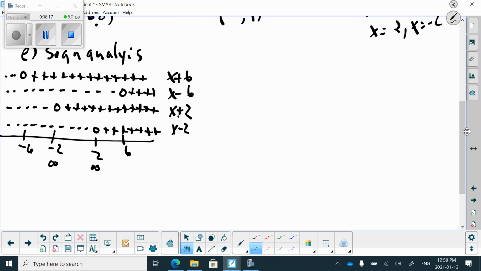But then I do the multiplication of our lines here. Negative times a negative times a negative times a negative is positive, and it's positive until we get to what? Yeah, 0, because we have a 0 in there.